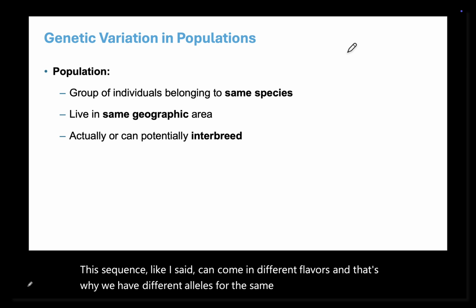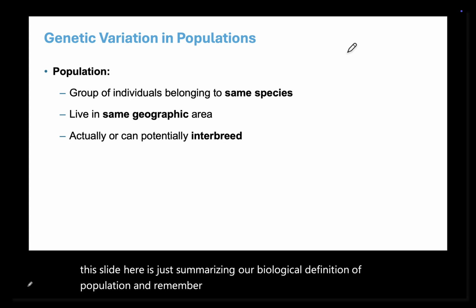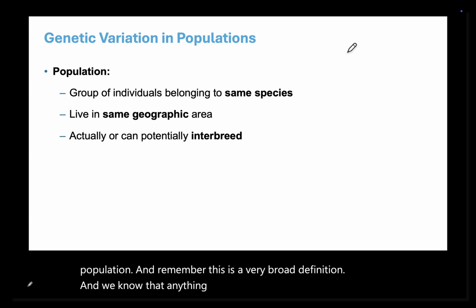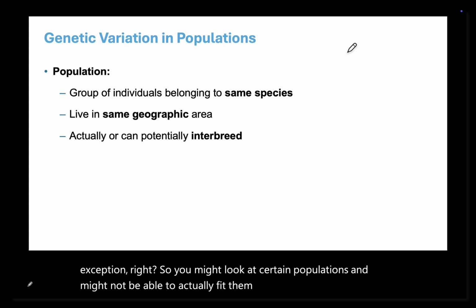So this slide here is just summarizing our biological definition of population. And remember, this is a very broad definition. And we know that everything in biology has some exception, right? So you might look at certain populations and not be able to fit them under this category.